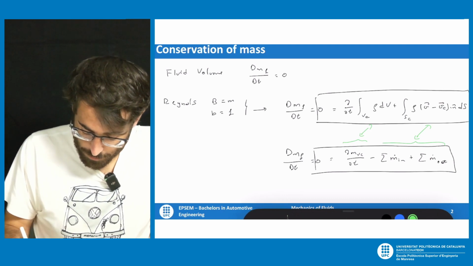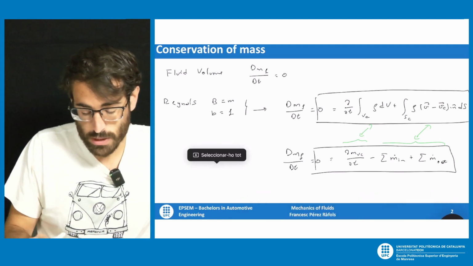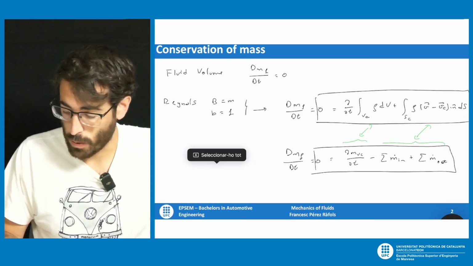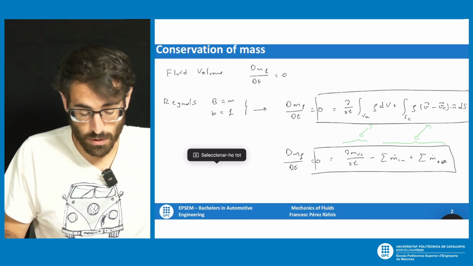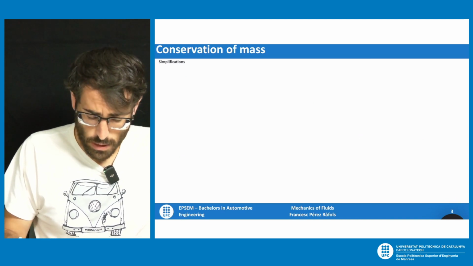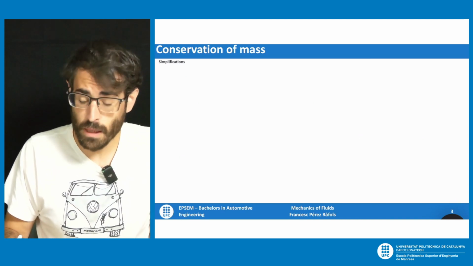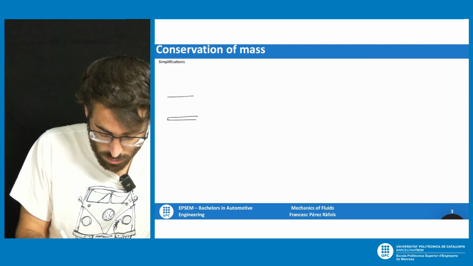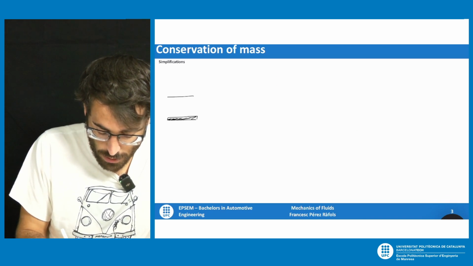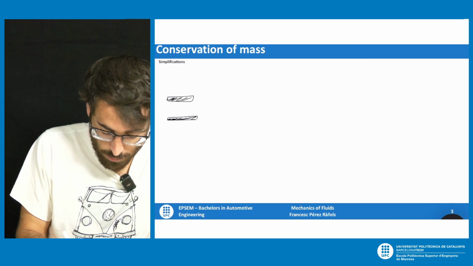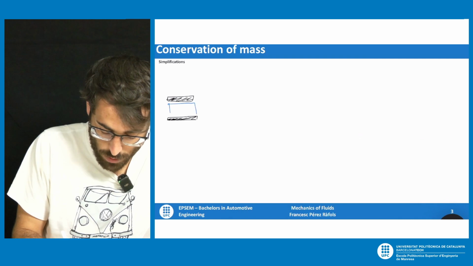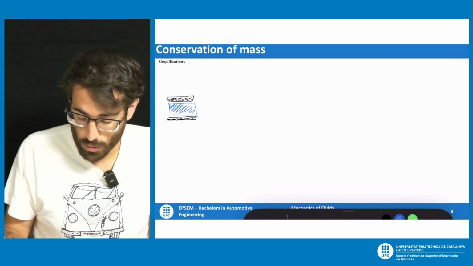Good. Of course, that's general, and with that we can solve all the problems, but let's look at some cases where we can simplify things. So let's consider a simple case. We don't know what's going on on the other side, but we have this end of the tube, with our control volume in here, marked in blue.